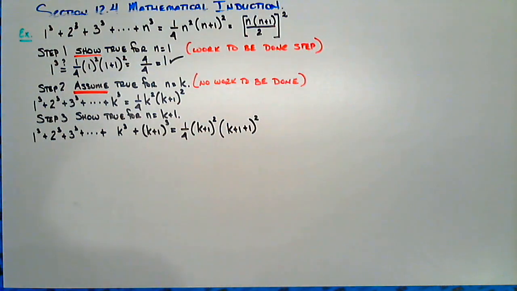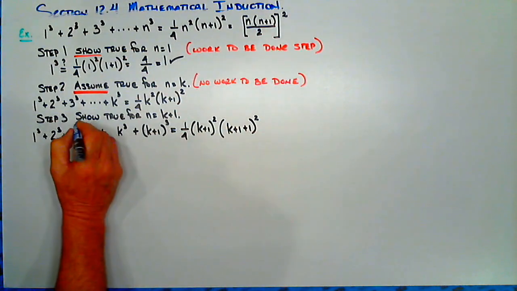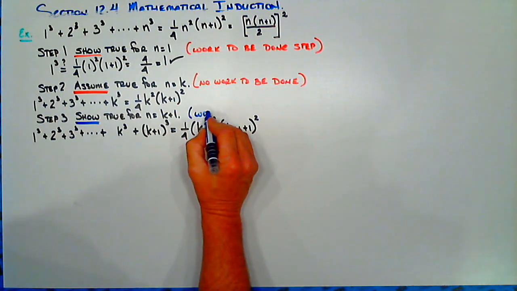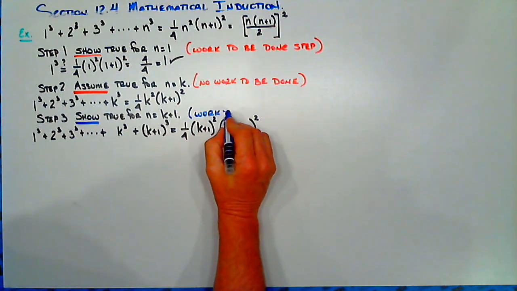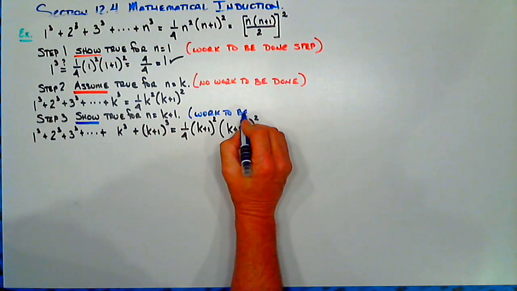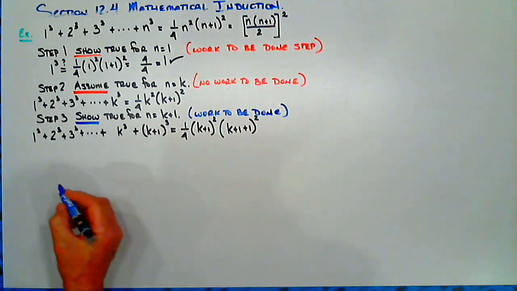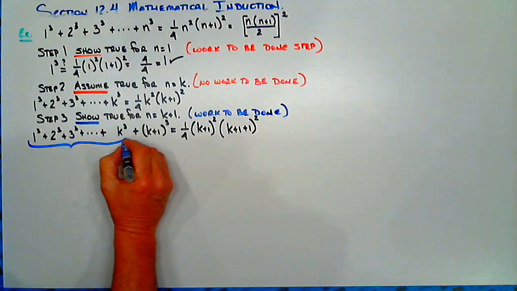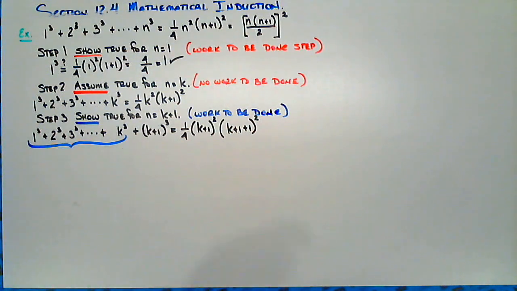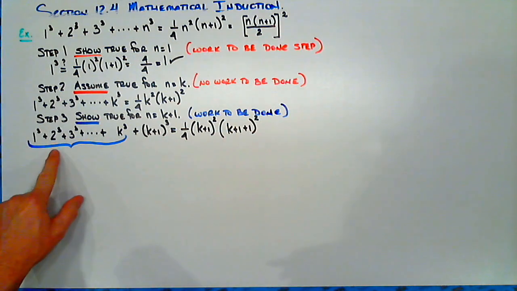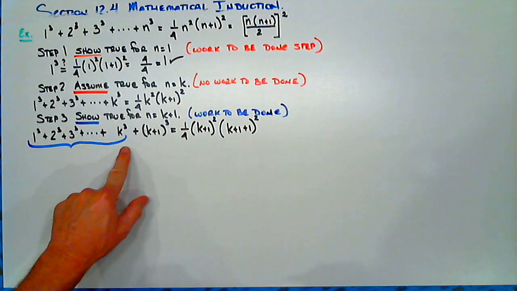Now, I bet some of you are already working ahead. This is a show step, right? So there is work to be done, isn't there? And you already know what you're going to do. You're going to highlight this, and you're going to say, hey, I already know who that is. I wrote that down in step 2. In step 2, I wrote 1 cubed plus 2 cubed plus 3 cubed all the way to k cubed.